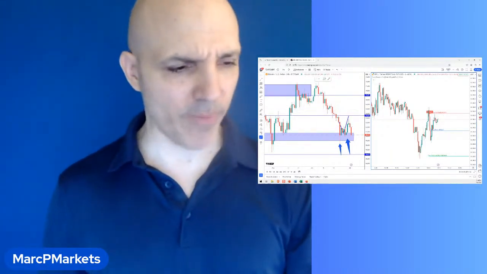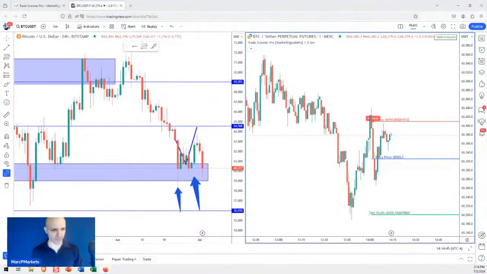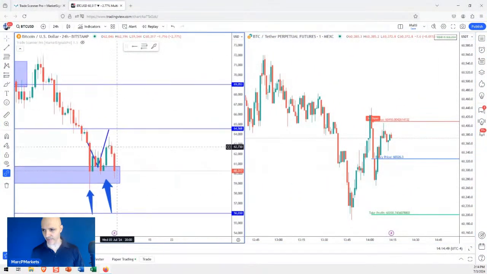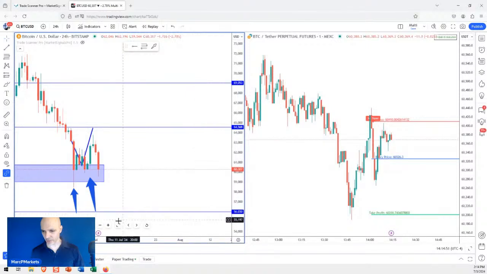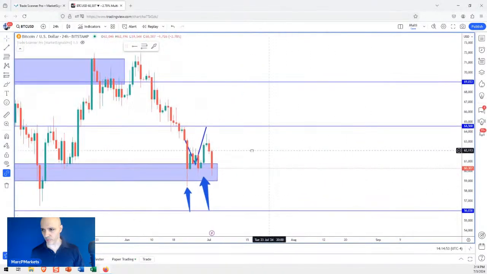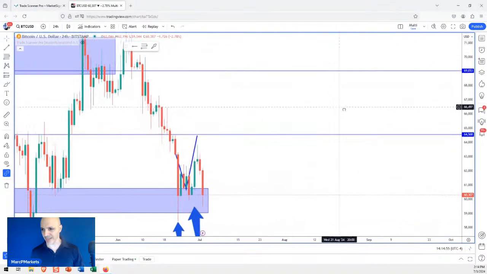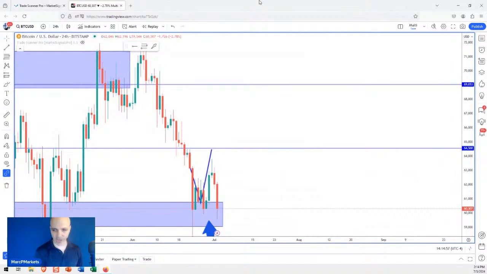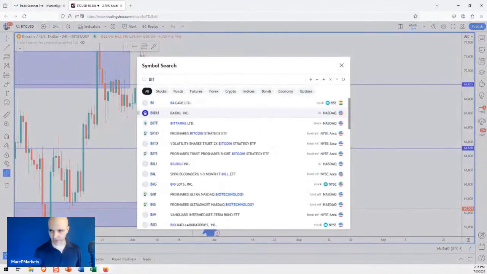I'm going to make my chart bigger here. And we're going to talk about this step by step. So first thing I'm going to do is make this chart bigger. We don't need to see the smaller chart yet. The second thing I'm going to do is change this chart. Interesting move today, by the way. I'm going to put Bitcoin perp up here.